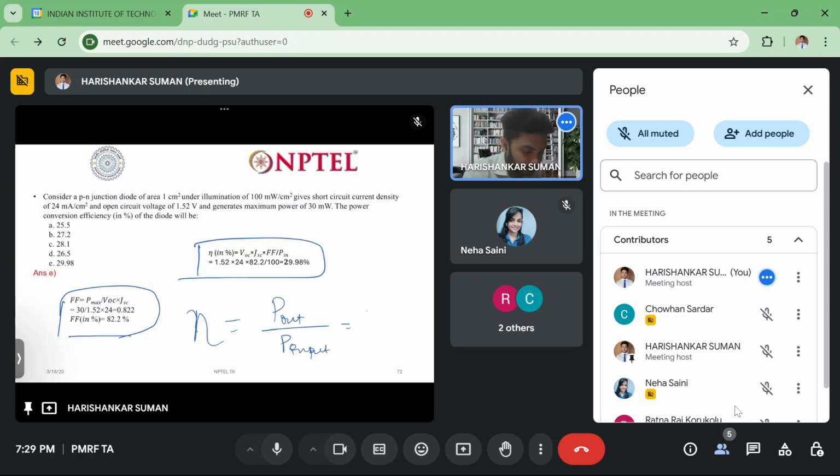Output is 30 milliwatt per centimeter square. So you have to multiply by 1 centimeter, also 1 centimeter square, around 30%. Okay, this is also near to 30. So this is also the trick or formula.